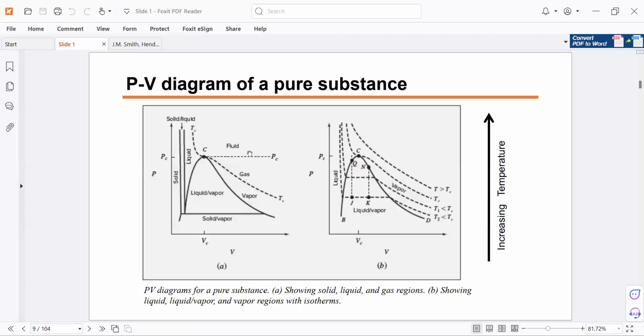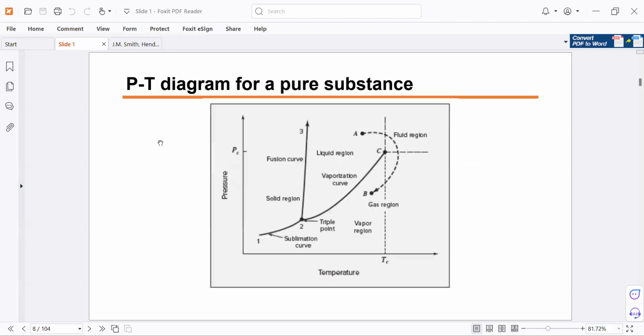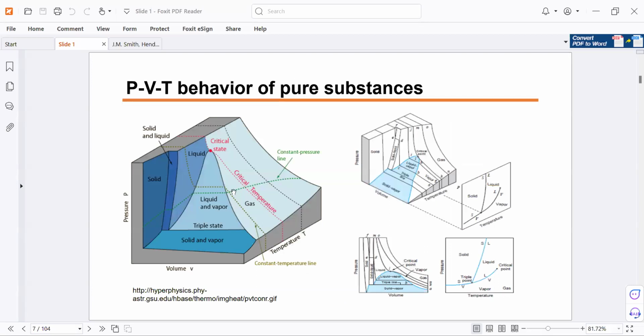Okay, correction. Actually, the curves here now represent the single phases, and the regions become the equilibrium between two phases. As we go back to the previous slide, at the PT diagram, the two-phase situations are actually represented by curves.